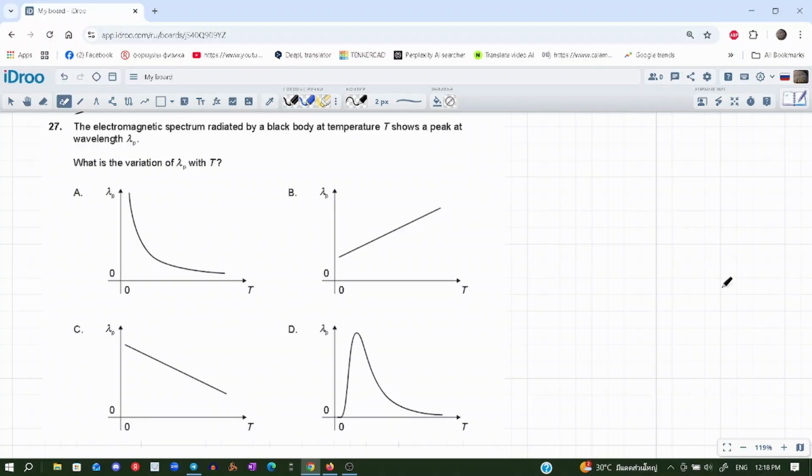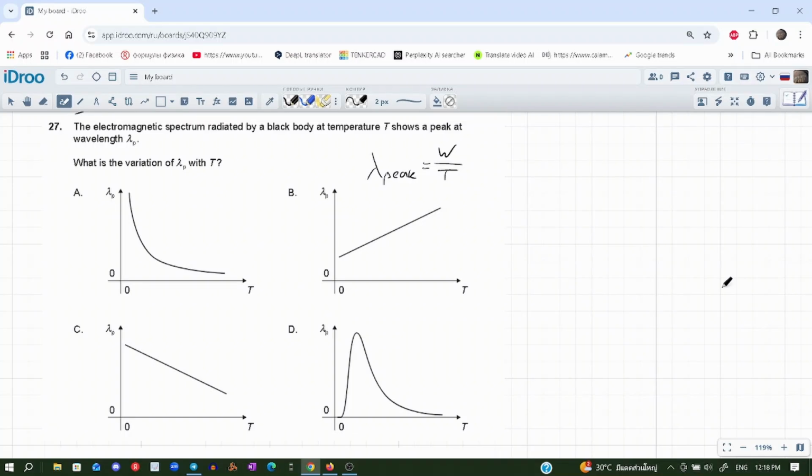Wien's law says that lambda peak equals W, which is Wien's constant, it's just a constant, over T, temperature of this body. So the peak wavelength is inversely proportional to the temperature of this body.